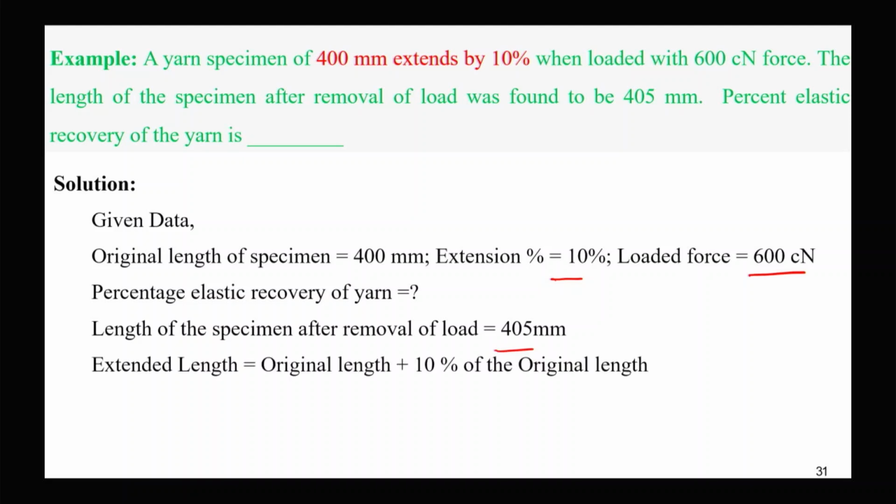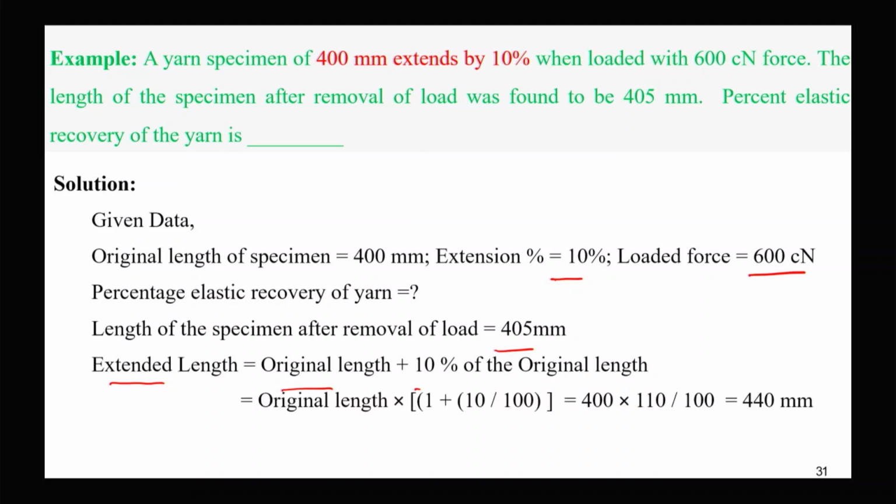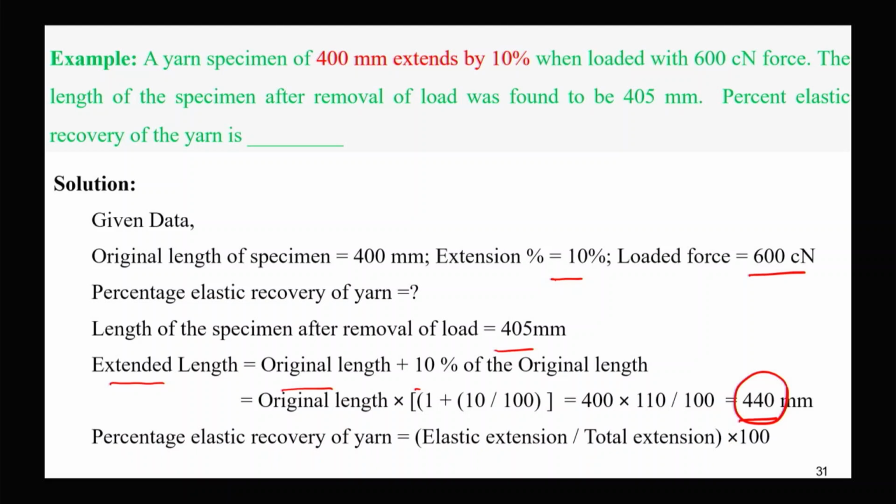The extended length will be the original length plus 10% of the original length, so it is 440, and when it recovers, it becomes 405.